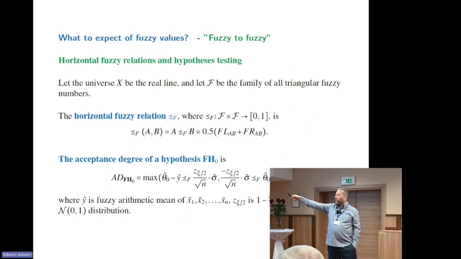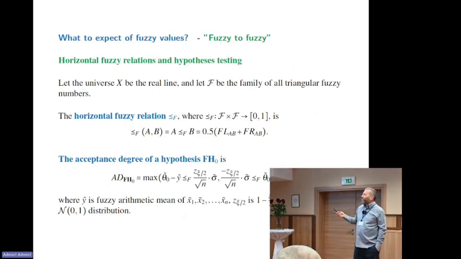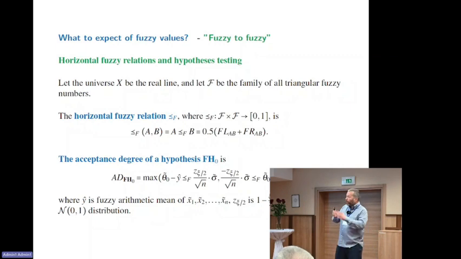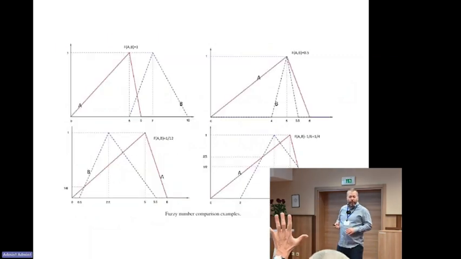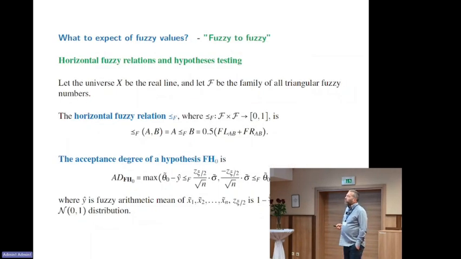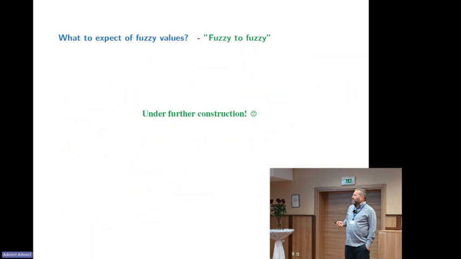If you remember the classical formula, this is the generalization of the classical formula. So basically, if they overlap, then we use this formula to obtain how much they overlap, and this is what we obtain here.